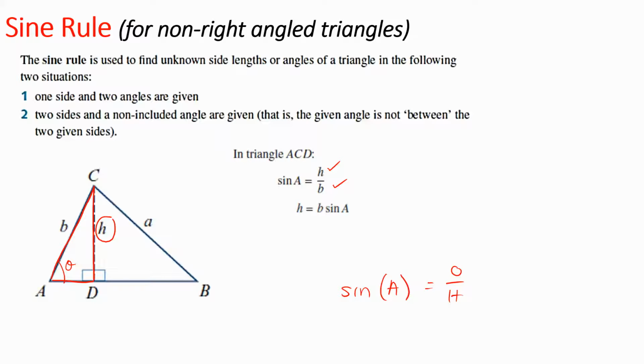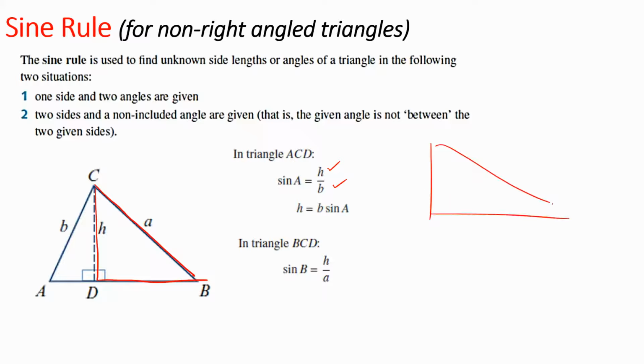Let's look at it another way. I could also talk about this triangle. I can say, let's look at BCD, because that's a right angle triangle. I can draw that. There you go. Same deal again. If this is your right angle triangle, and you've got B, C, D, and this is the length of A, that's a right angle, and that's still H, you can use the same thing.